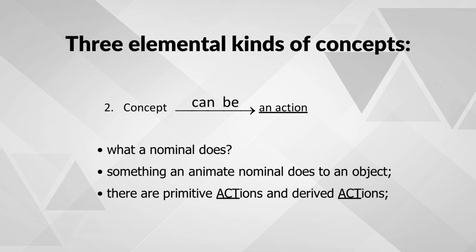Primitive actions are the basic foundational activities, while derived actions stem from the combination or modification of these primitives. This classification enables the representation of various levels of complexity in behavior and provides insight into the dynamic interactions between concepts within the conceptual structure.